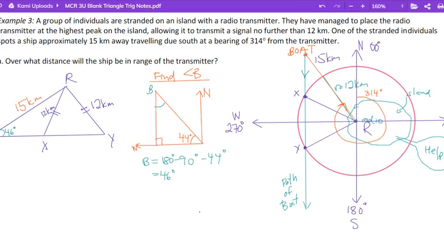Tomorrow we are going to practice drawing pictures on the boards because I know that's the hardest part of this trig unit. We'll start off tomorrow by solving this just as a way to review the steps. Okay? Good job.